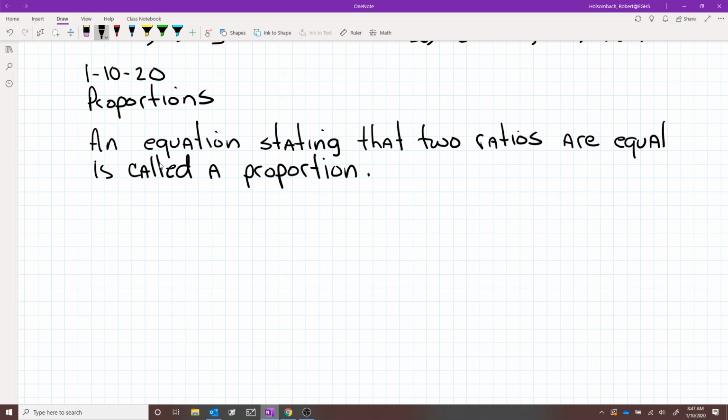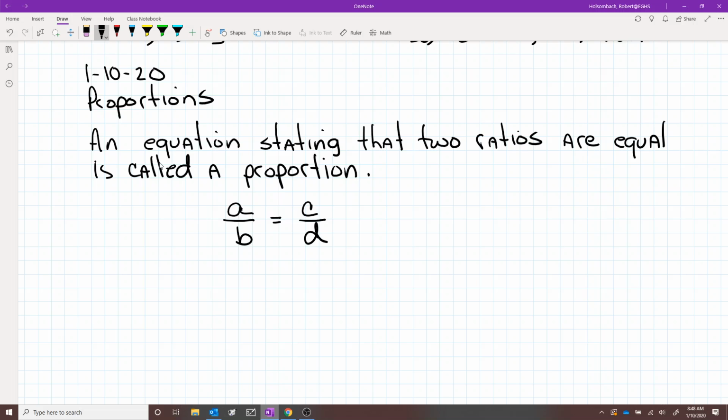So an equation stating that two ratios are equal. For example, if we were to take the ratio A over B and make it equal to C over D, that would be called a proportion.